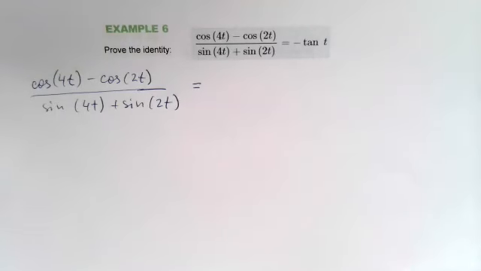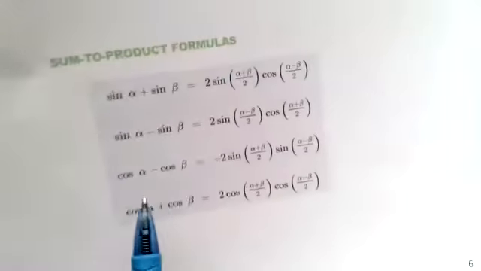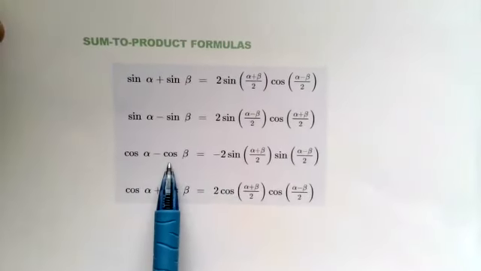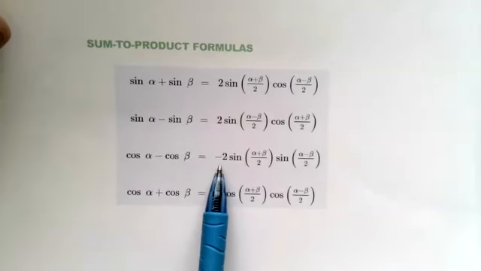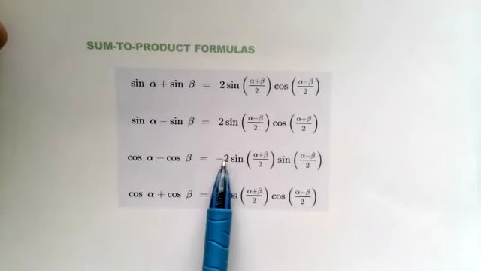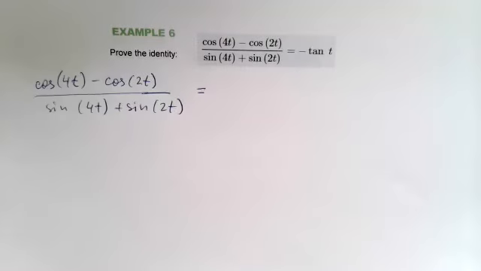And I want to draw your attention to the fact that cosine alpha minus cosine beta is the only formula that has a -2 coefficient in front. So don't forget.